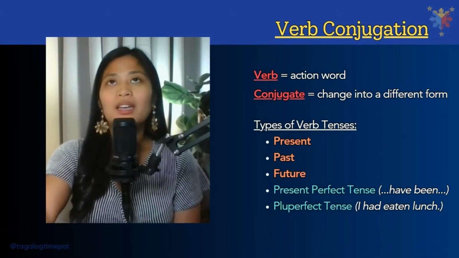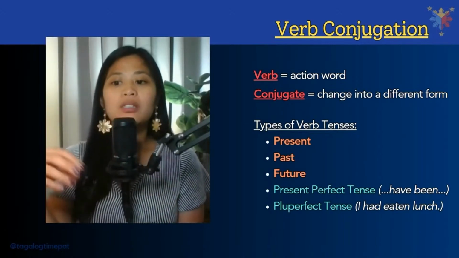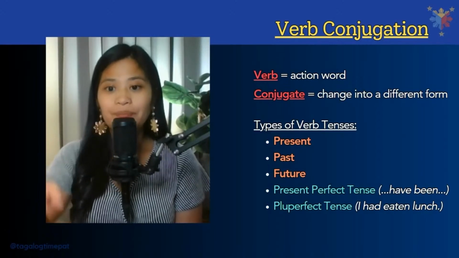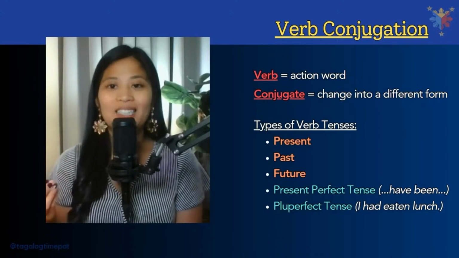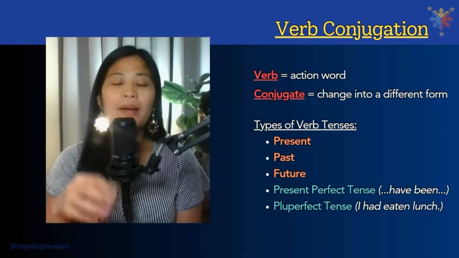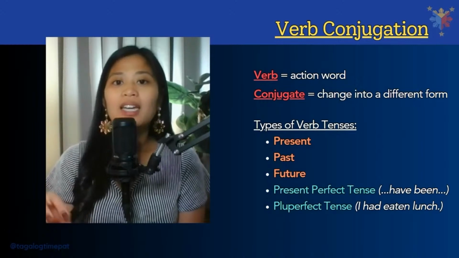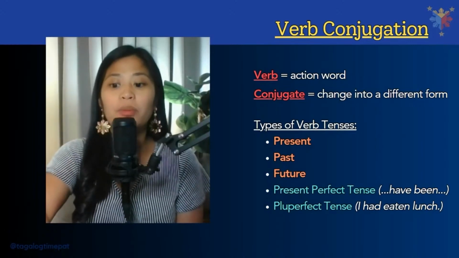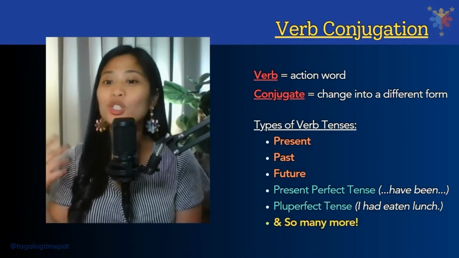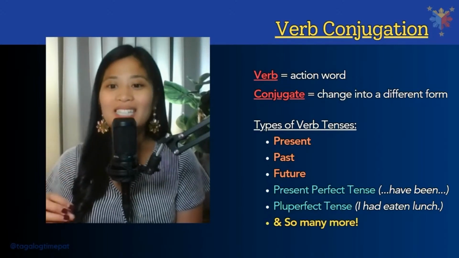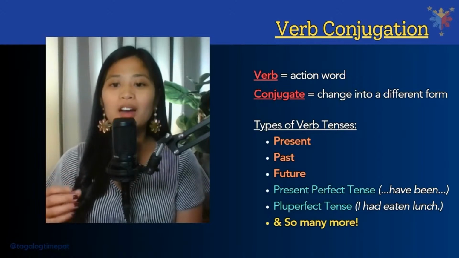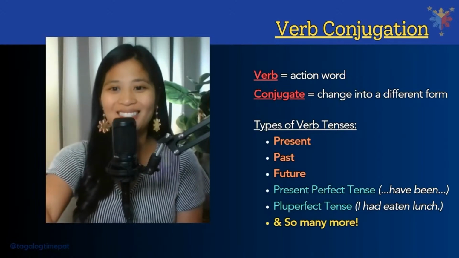So that means like something happened in the past, but it's still kind of related to the present. Then there's the pluperfect tense. I had eaten lunch. So that's something that happened in the past. It's done. It happened at a specific moment in time. And then there are just so many more verb tenses out there, especially in English. But in today's class, we will focus on how to conjugate verbs in the present tense.